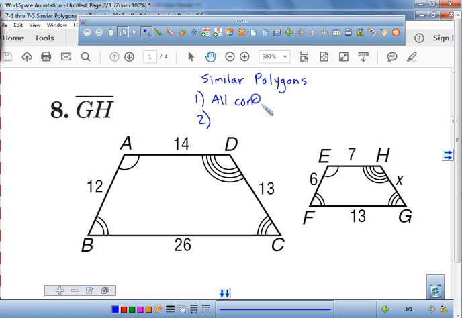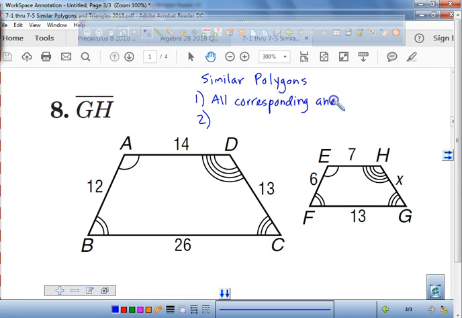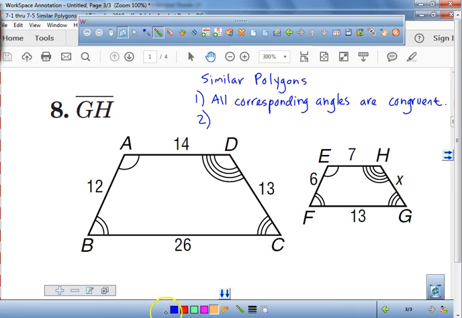All corresponding angles are congruent. So I'm going to highlight some corresponding angles right now. Start right here.